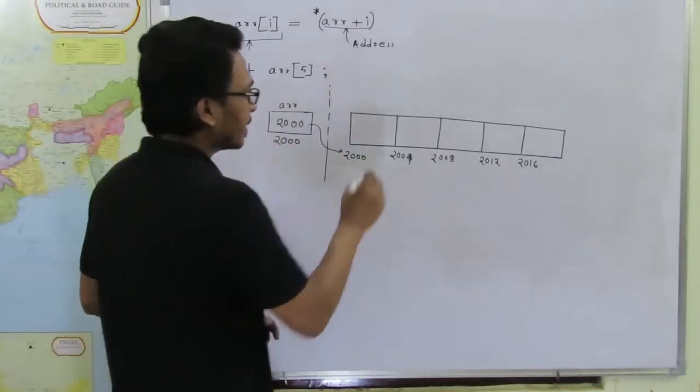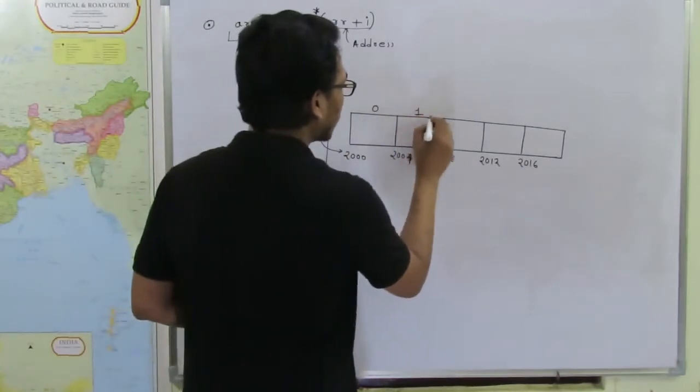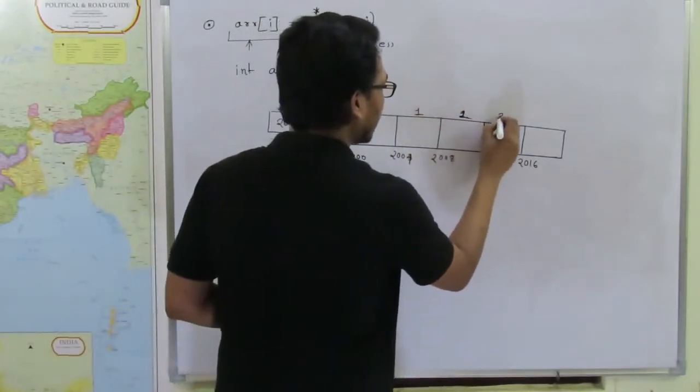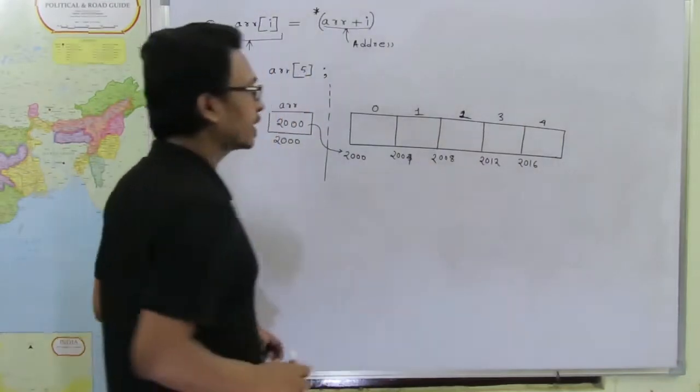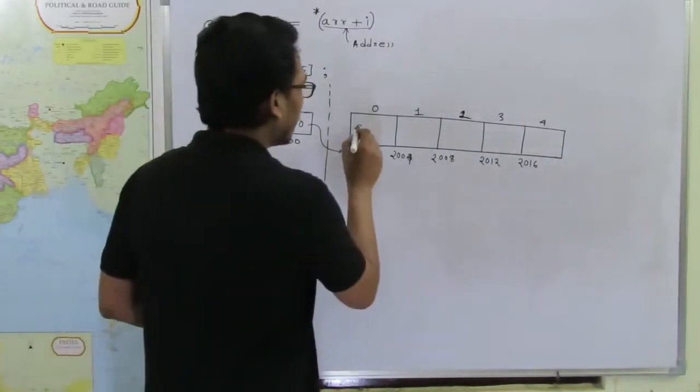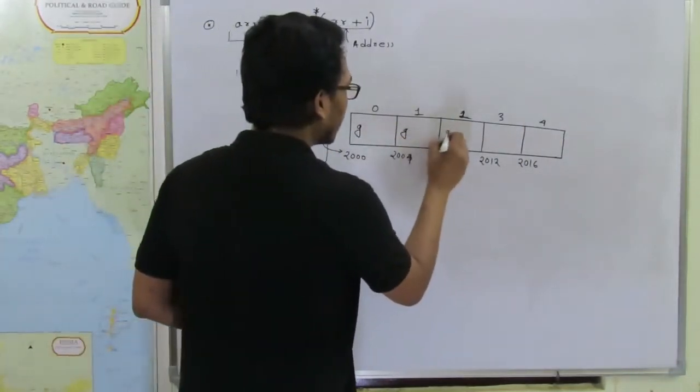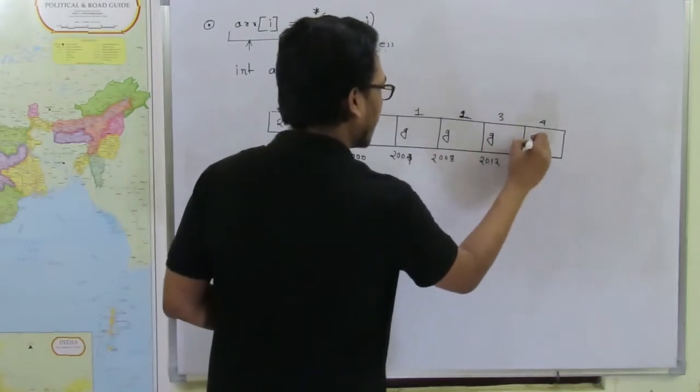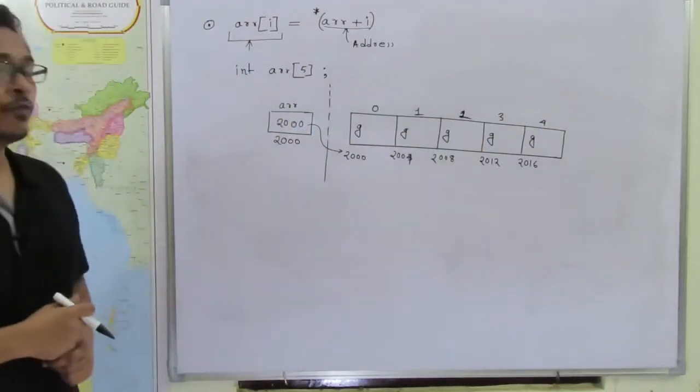Now coming to the index, this is the 0th position, 0 index, 1 index, 2 index, then 3 index, and then 4 index. What will be the initial value? The value will be garbage, garbage, garbage, garbage, garbage. All the elements are of garbage type.